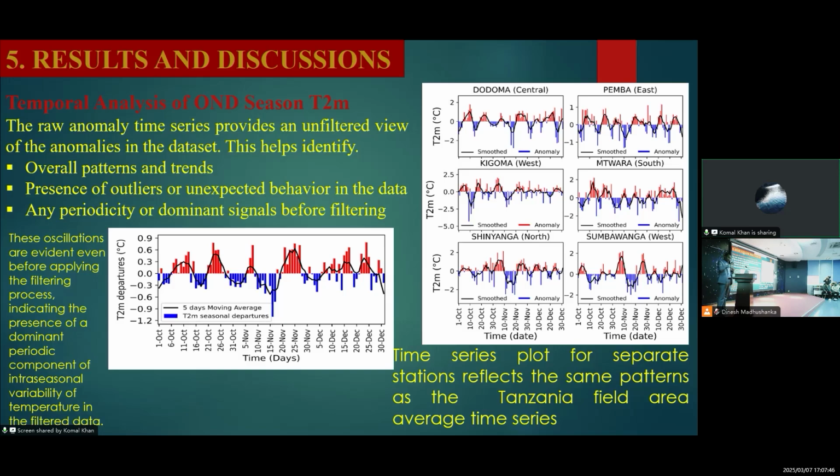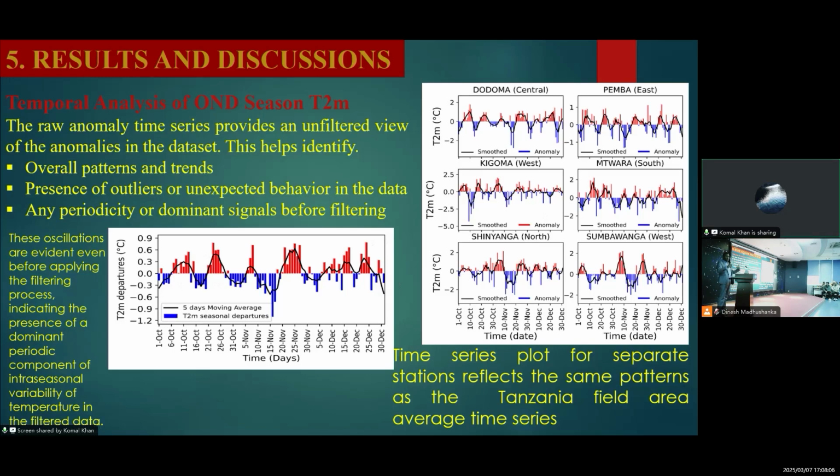We see the oscillation, the sign of periodic oscillations, as you can see here. So from the raw data, we see the signs of this, which indicates that in our overall data there is this oscillation.